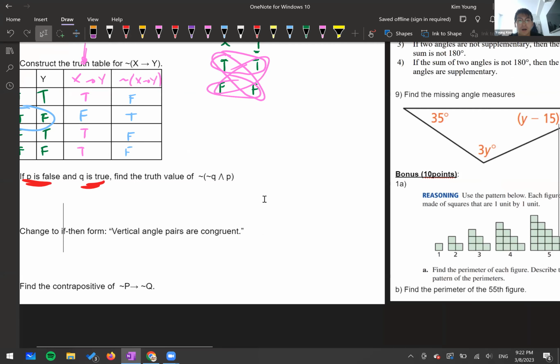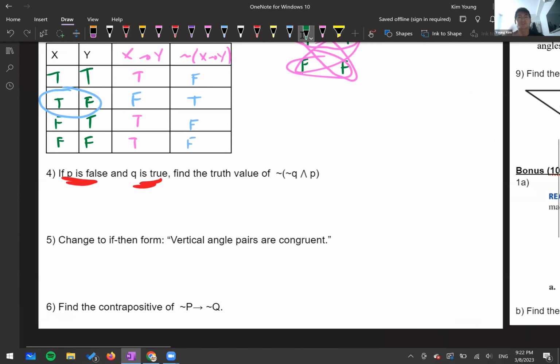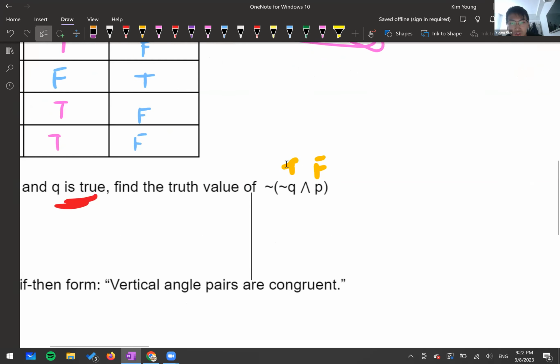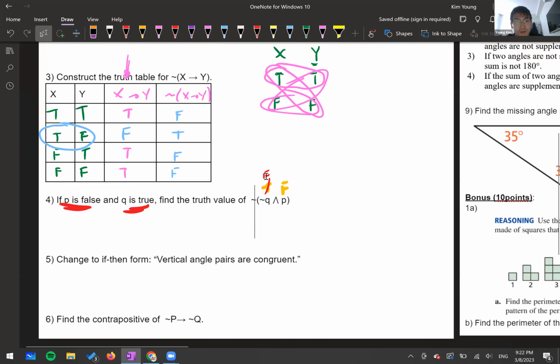Okay. Now this is going to be very similar to when you're substituting numbers into expressions in math. All right. If I'm saying P is false, then substitute that, right? P is false here. Q is true, so that means not Q would be false, right?